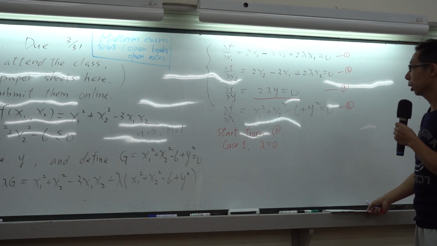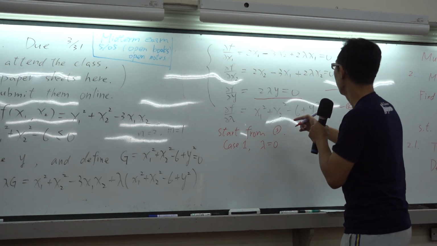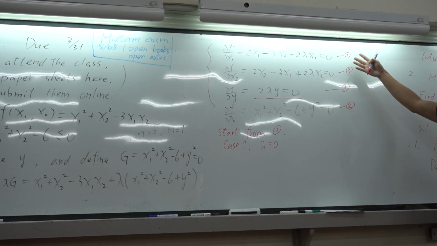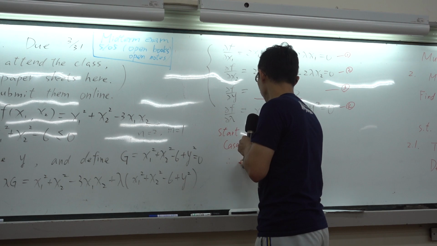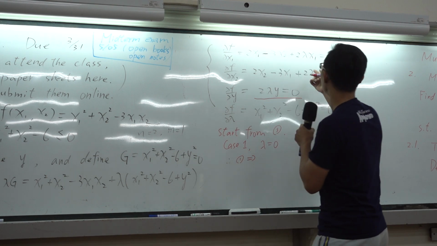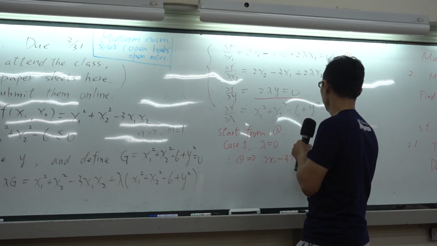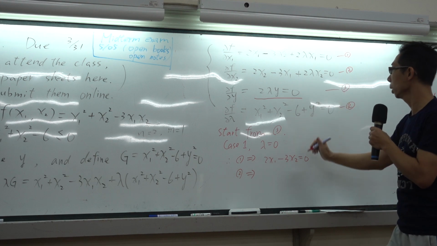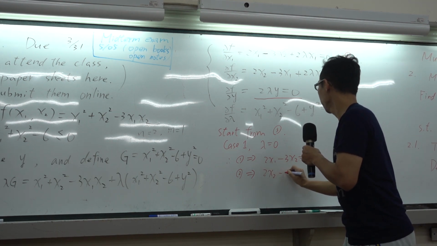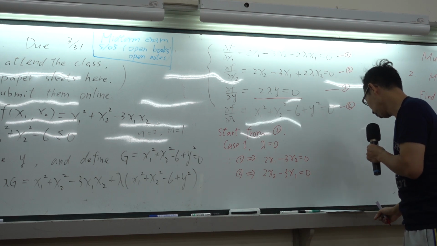So case 1, lambda equals 0. What can we do from here? If lambda equals 0, then it is very obvious that equation 1 becomes 2x1 minus 3x2 equals 0, and equation 2 becomes 2x2 minus 3x1 equals 0.